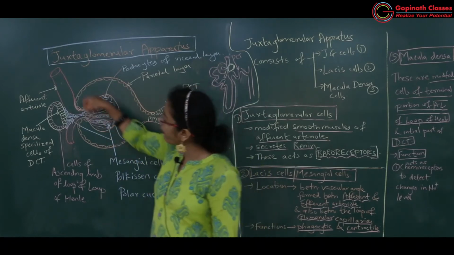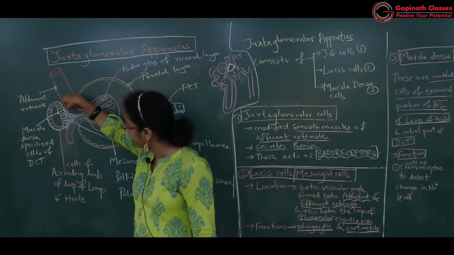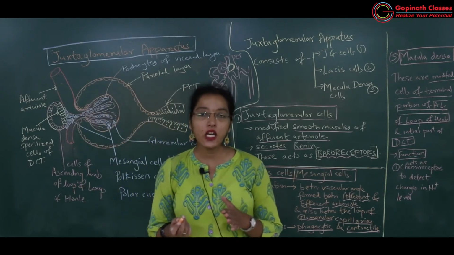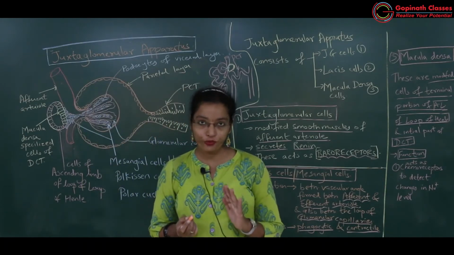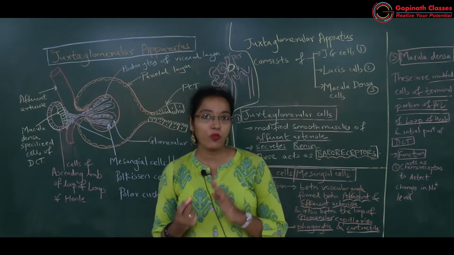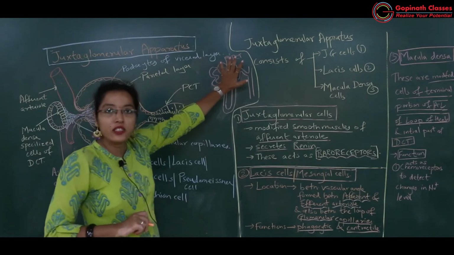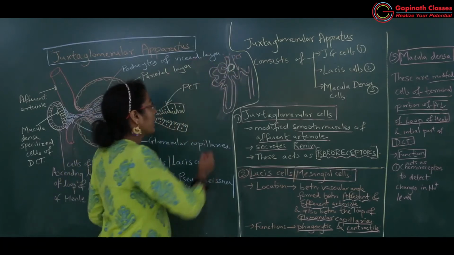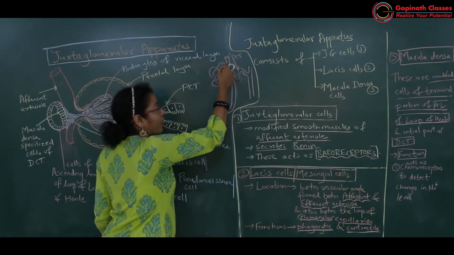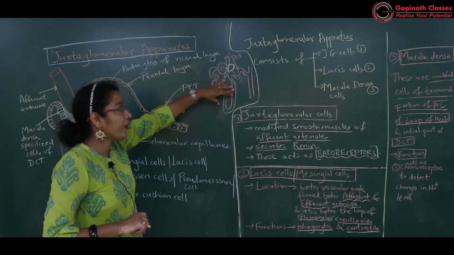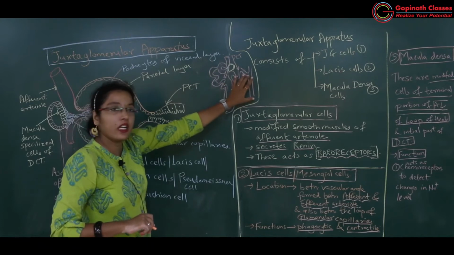This afferent arteriole's cells are in contact with the DCT and some part of the ascending limb of the loop of Henle. Got it? I have drawn the diagram of a nephron here, which consists of the Malpighian body, PCT, loop of Henle, DCT and collecting duct.